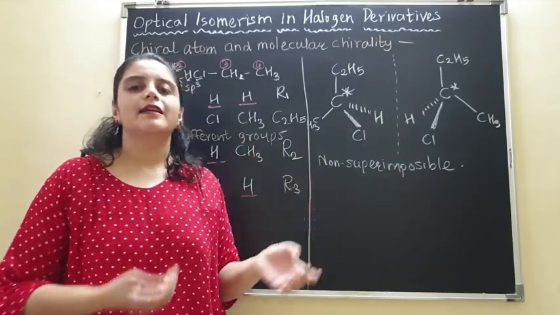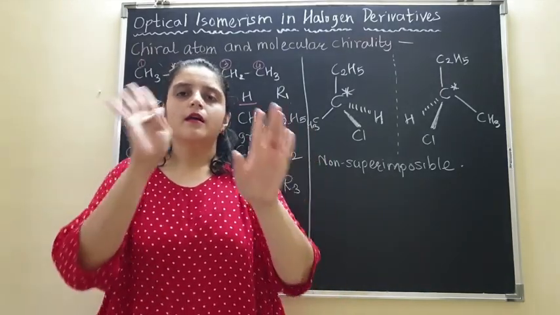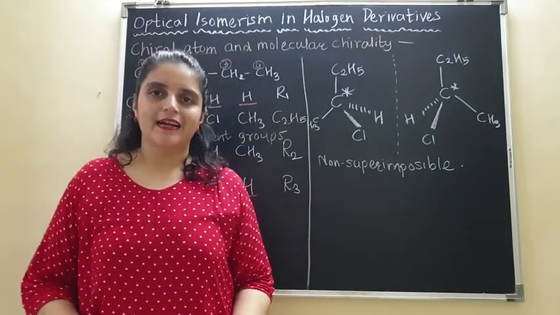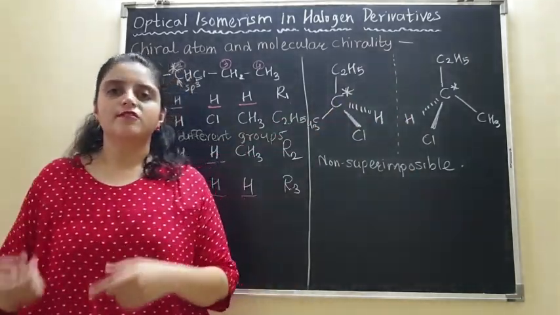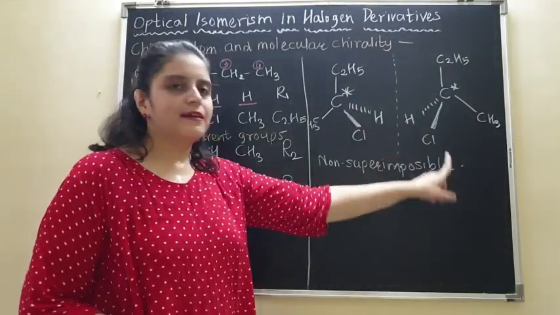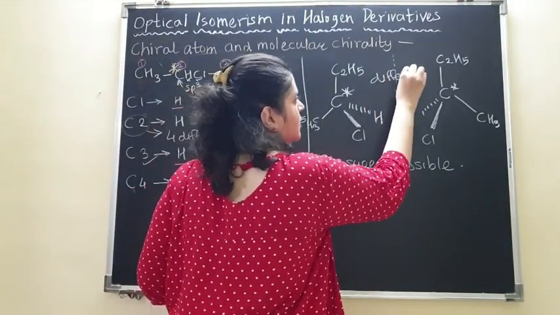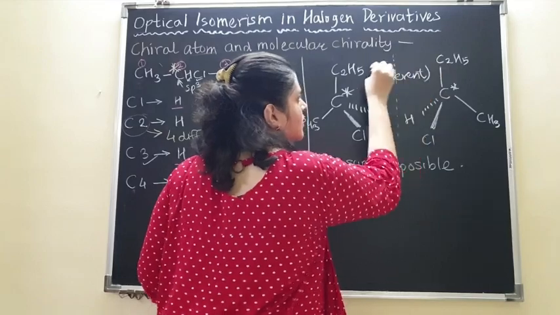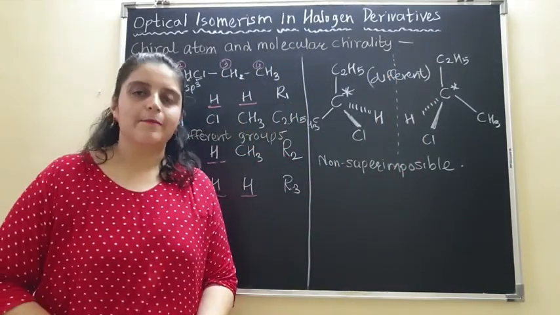So the connectivity of both the carbon atoms is the same. They look the same, just like our hands. Both of our hands look the same, but they do not coincide with each other. So similarly, these are 2 different structures. This is very important: these 2 structures are different. They are not identical, they are not the same.